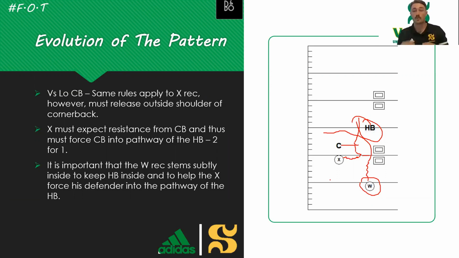Another thing that arose as well is that the W receiver, the receiver running that speed cut out, would ask us all the time, hey, can we do a little adjustment where if there's an outside low defender playing zone, we just look back at the quarterback instead of running into that cornerback? So these are the problems that arose.